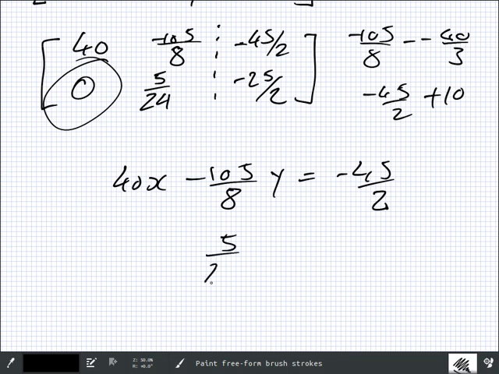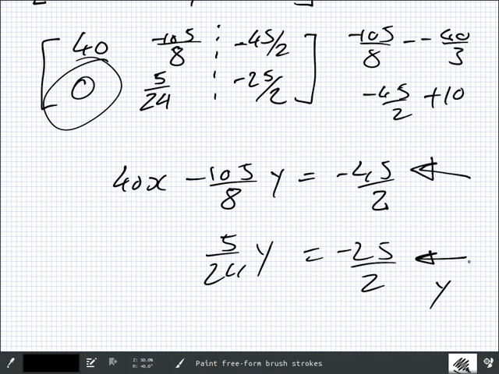And here you have 5 over 24y equals minus 25 over 2. Now why am I saying that practically finishes the problem? Well, what does this give you? What do we know from this line? We know y, don't we? Easy, right? We just bring the 24 up and the 5 down. And if we know y and sub it in here, what can we get?